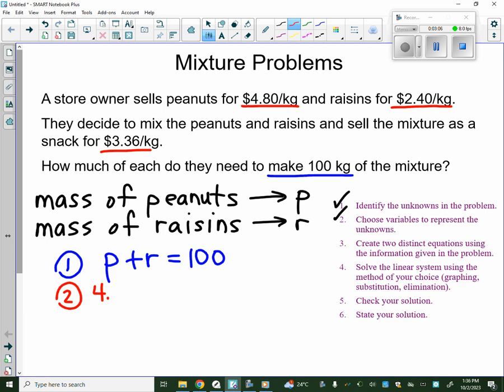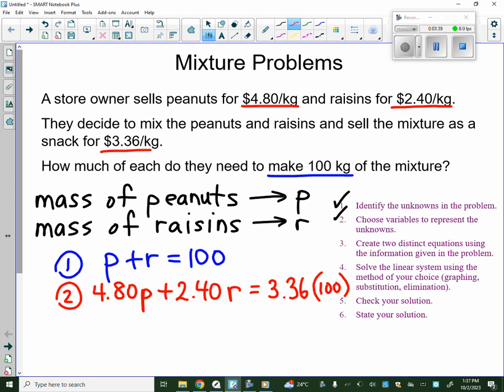Well, it's $4.80 per kilogram for peanuts times the number of kilograms, or the mass of the peanuts, plus $2.40 per kilogram for raisins multiplied by the number of kilograms of raisins, needs to equal $3.36 per kilogram of the mixture times the number of kilograms of the mixture, which is not a variable.